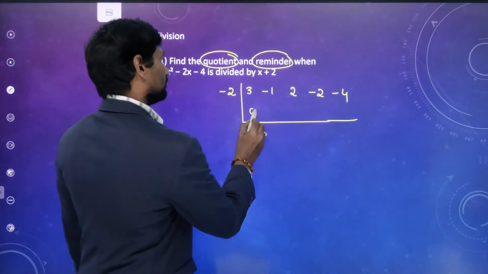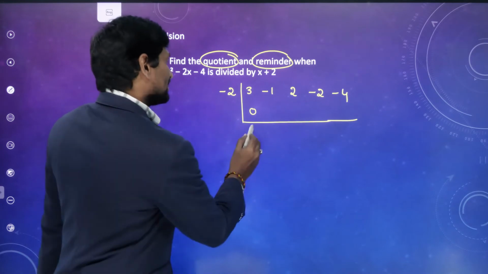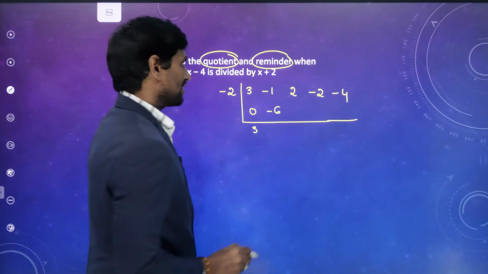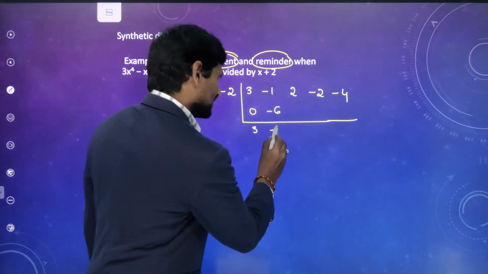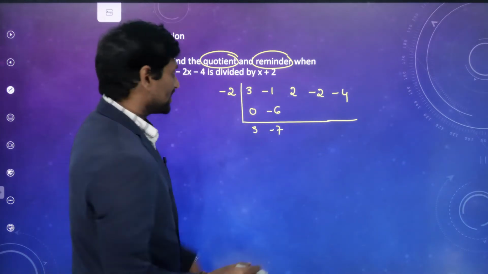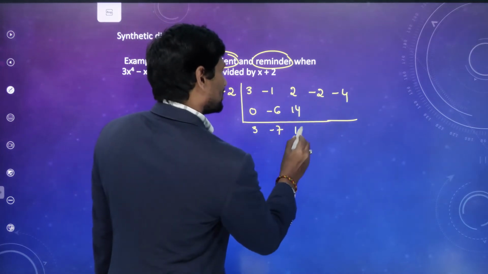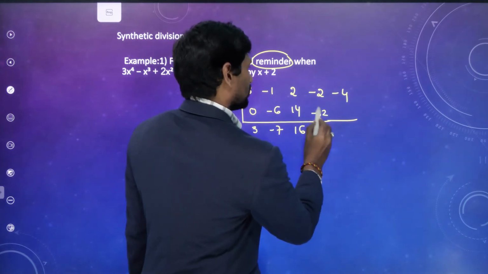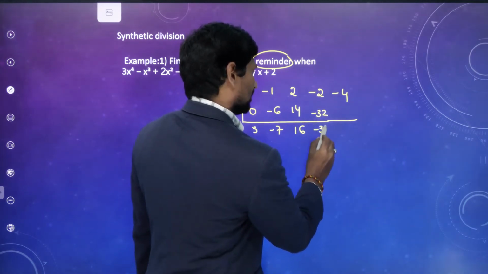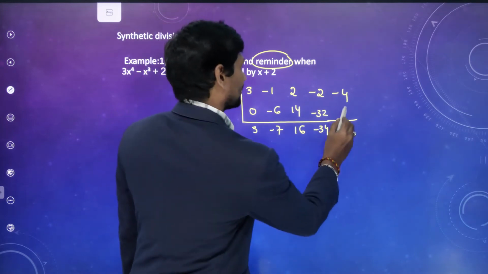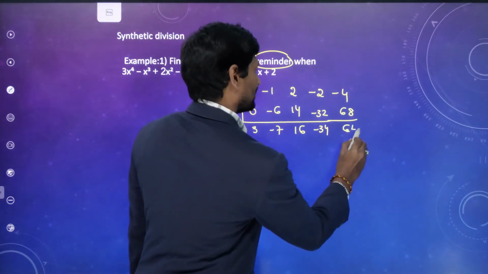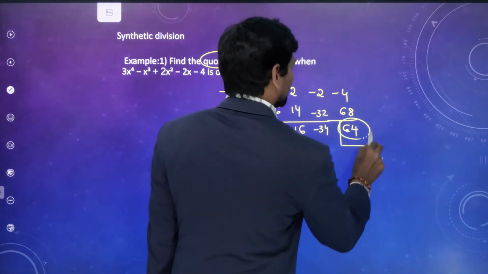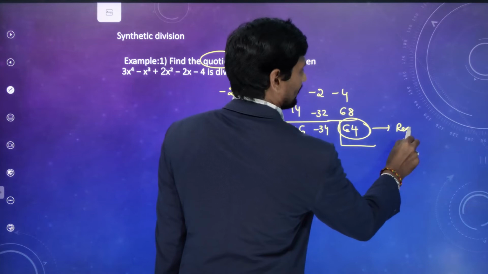First position 0. 3 plus 0 is 3. Now minus 2 into 3 is minus 6. Minus 1 minus 6 becomes minus 7. And minus 2 into minus 7 is plus 14, so this is 16. Next minus 32, so minus 34. Then plus 68, that means 64. So the last one, 64, is the remainder.